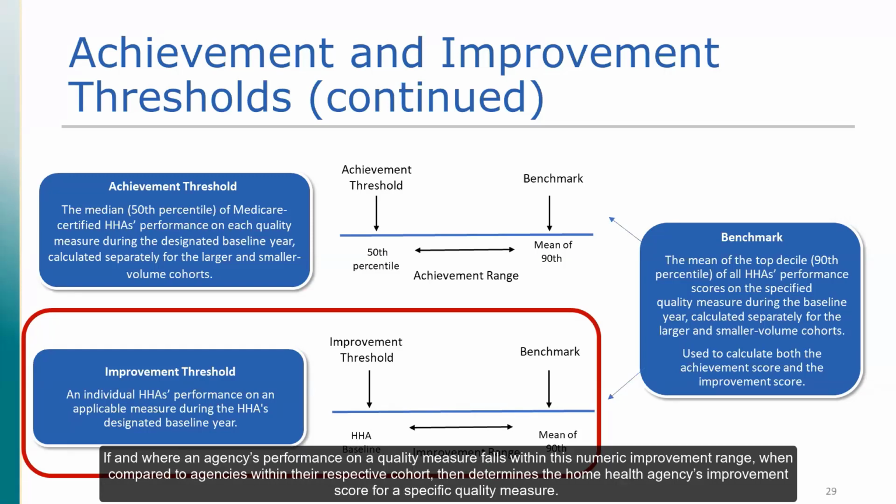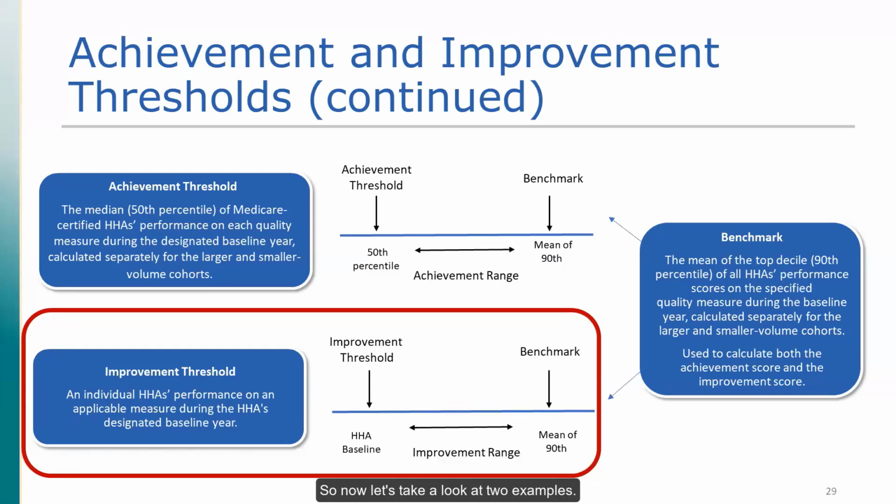If and where an agency's performance on a quality measure falls within this numeric improvement range when compared to agencies within the respective cohort, then determines the home health agency's improvement score for a specific quality measure. So now let's take a look at two examples.